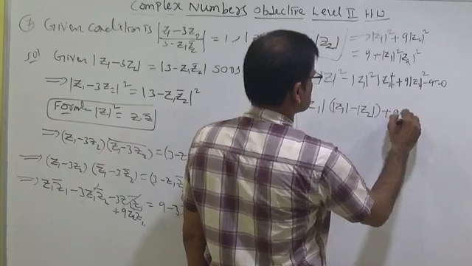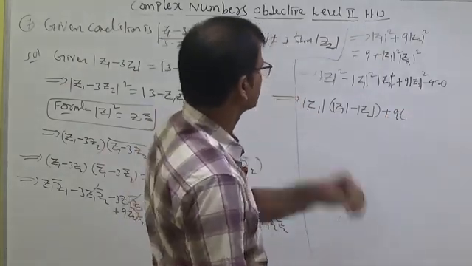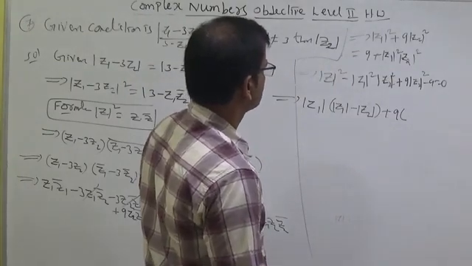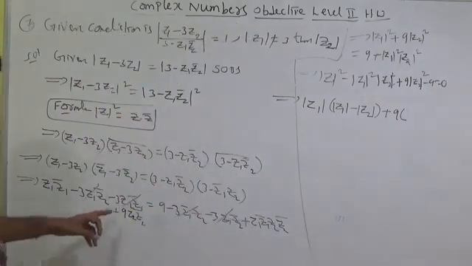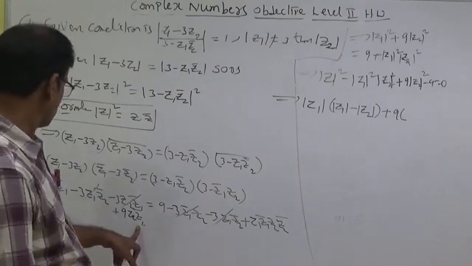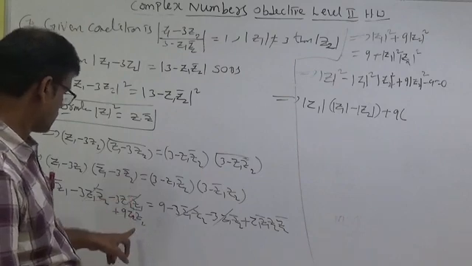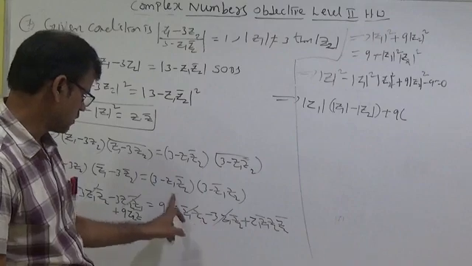Now plus 9, if we take minus 9 and 9 Z2 square there. This is Z2 Z2 bar.